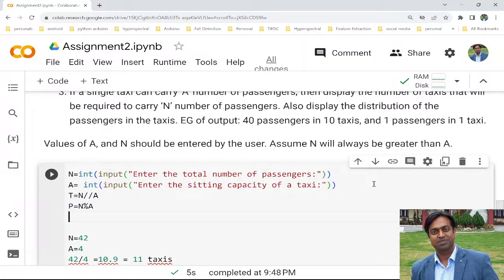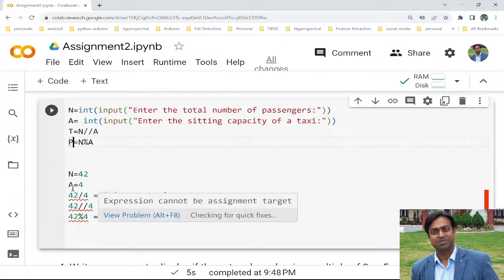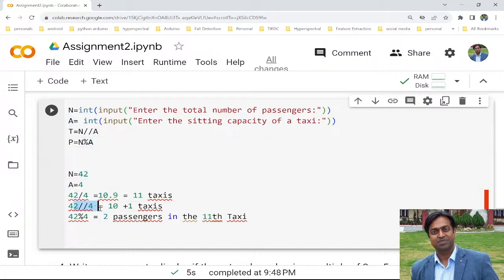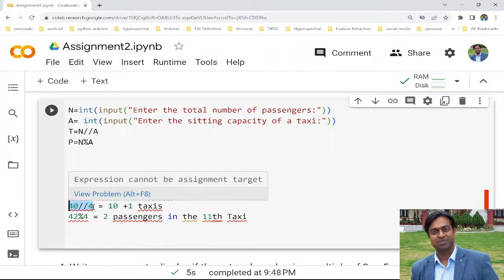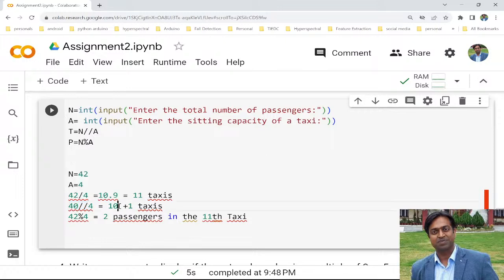Now, the total taxis will be T plus 1. Is it so? No, it will not always be T plus 1. Why? Because in this example it is T plus 1. But what if it is 40? If it is 40, then 40 truncating division 4 will give 10.